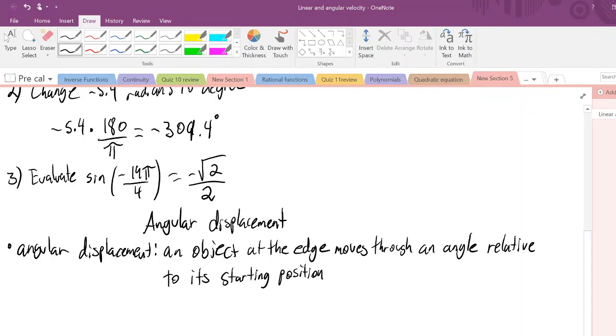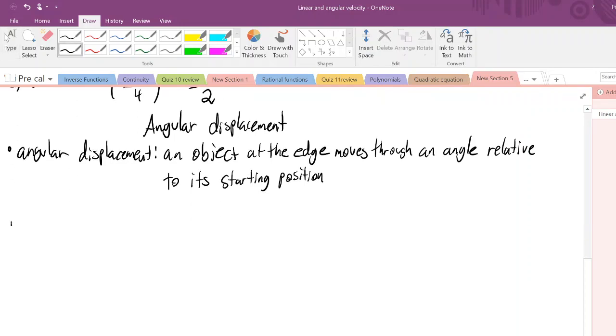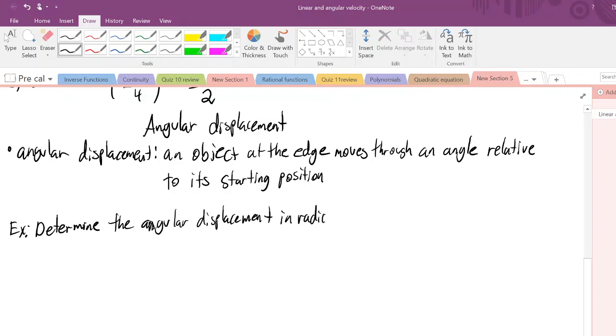Okay, so for example, determine the angular displacement in radians of 4.5 revolutions.